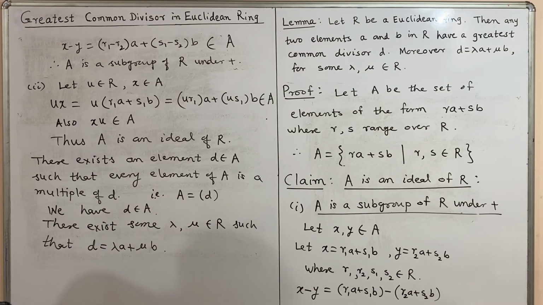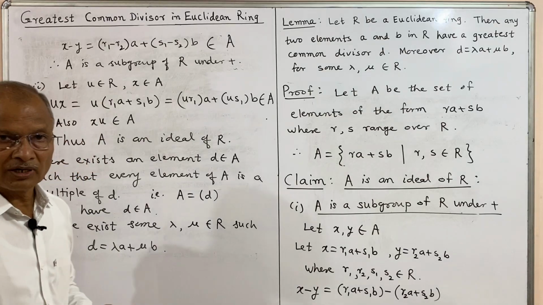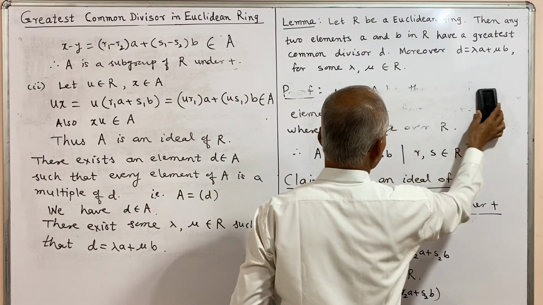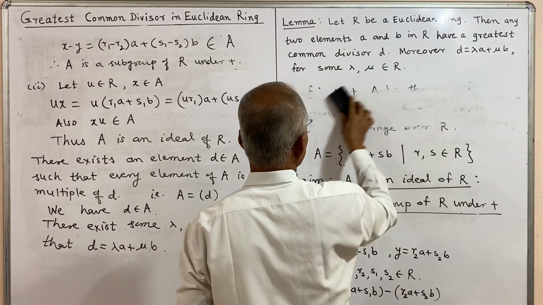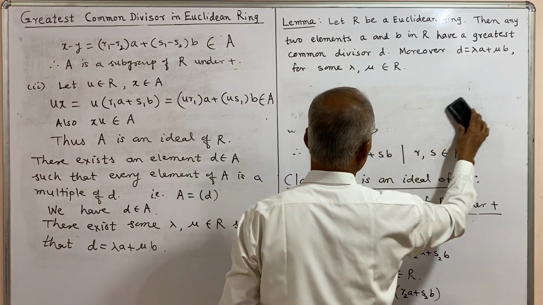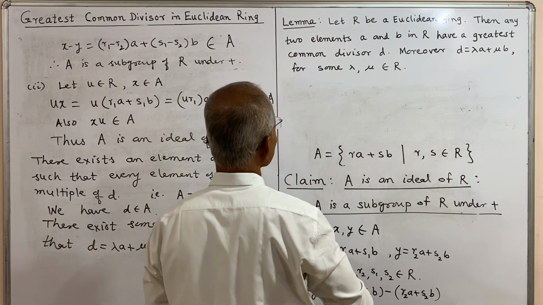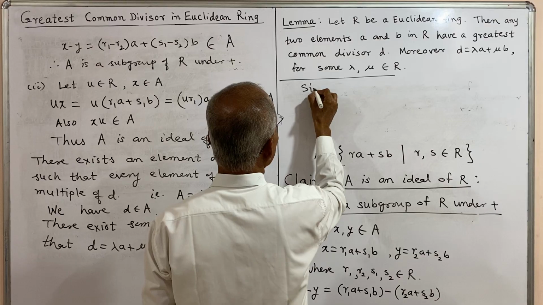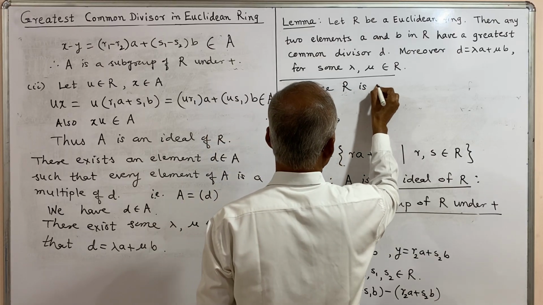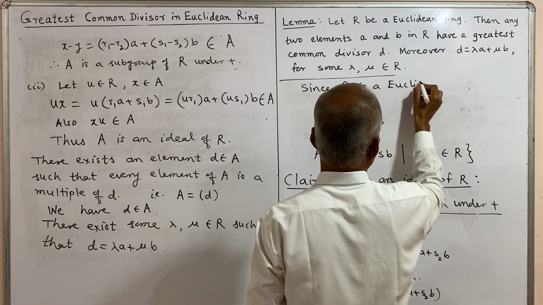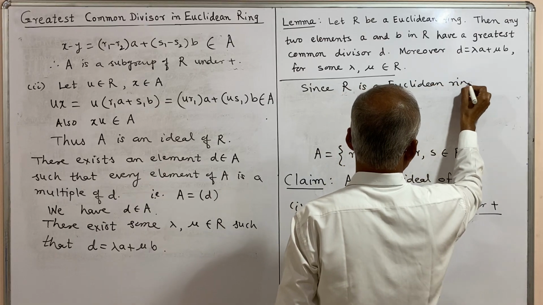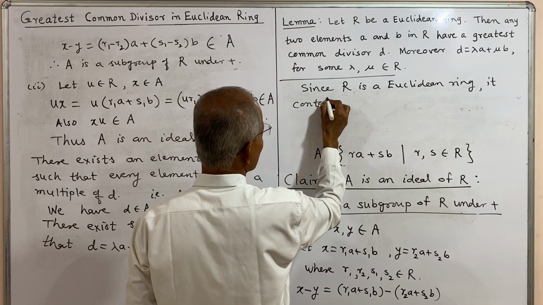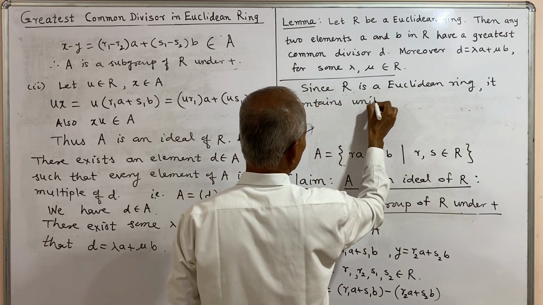Further, R is a Euclidean ring, and a Euclidean ring contains unit element 1.